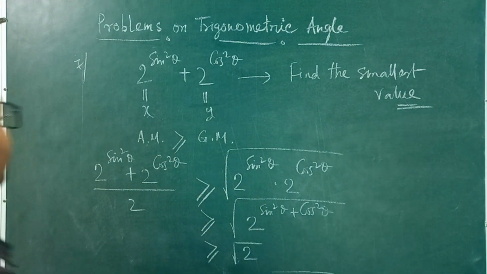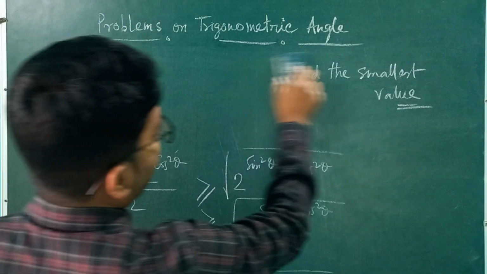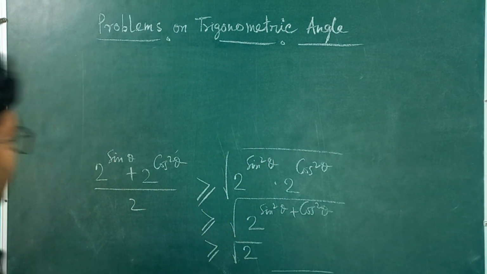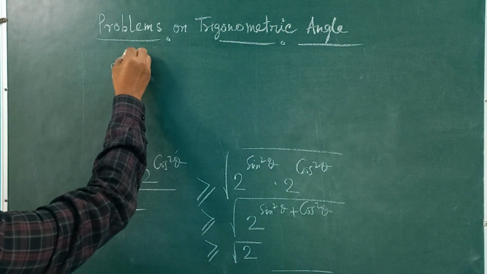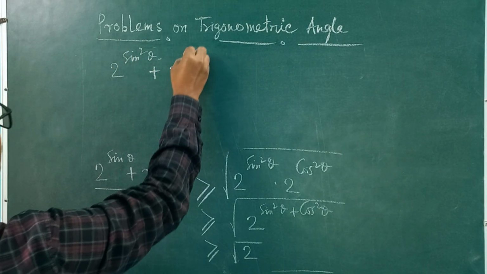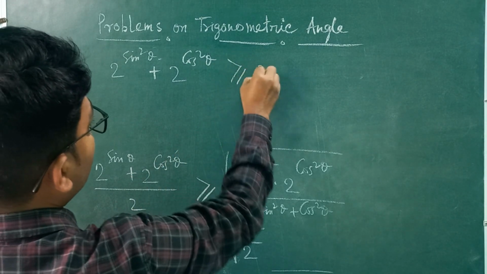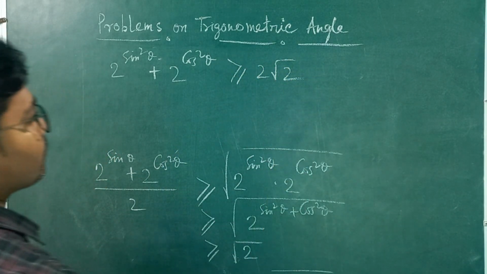So what will you get here? You will get 2 to the power sine square theta plus 2 to the power cos square theta is greater than or equal to 2 root 2.